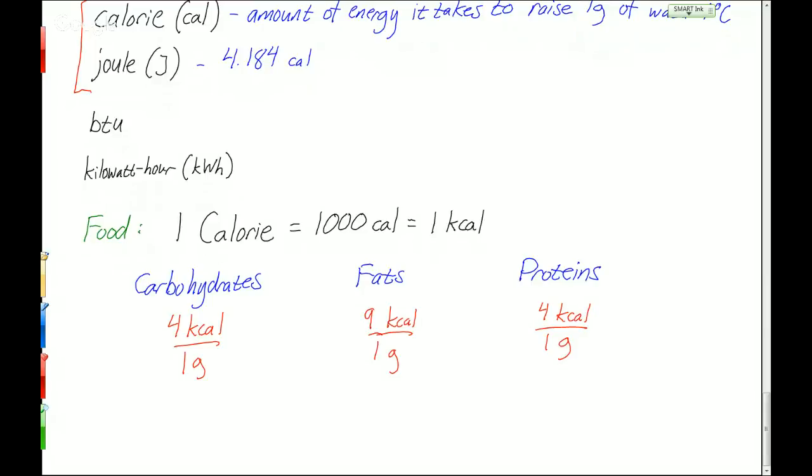So which of those 3 is energy stored most densely? The fats, right? Because for the same amount of stuff, you can get more energy out of it. So fats are a more efficient, or you might say, a better way of storing energy.